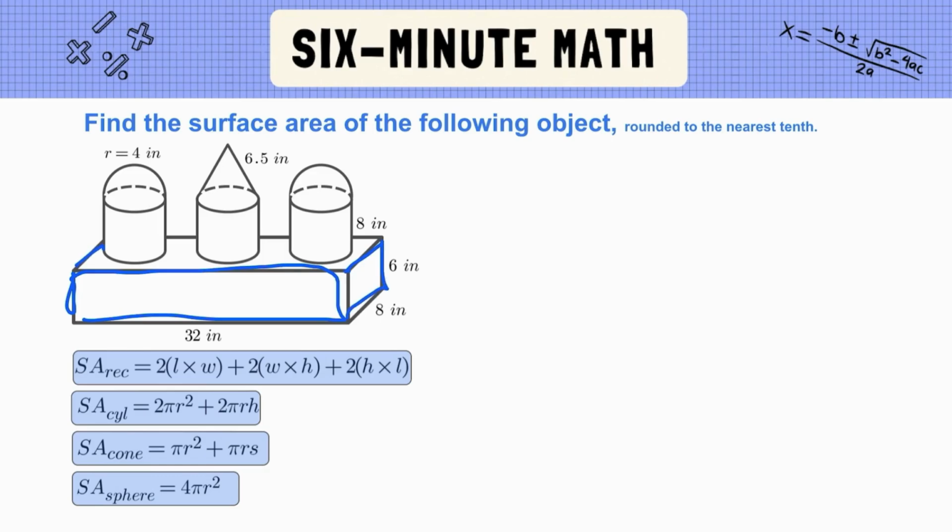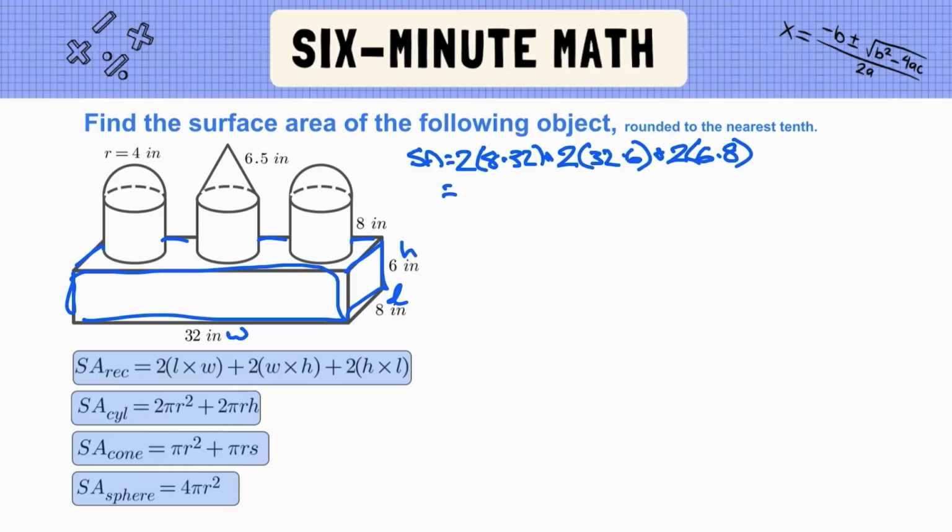So we're just going to outline that in blue and label length, width, and height. So our surface area is 2 times 8 times 32 plus 2 times 32 times 6 plus 2 times 6 times 8.